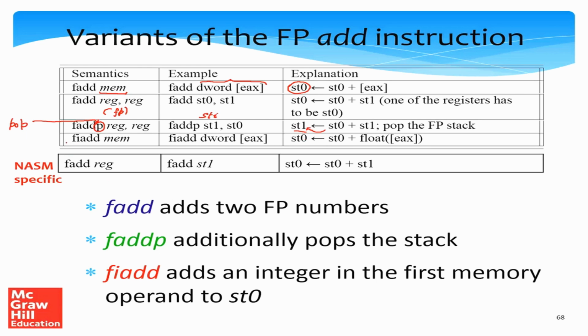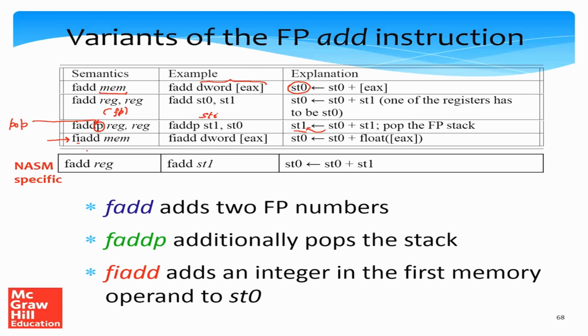This instruction also has a mode where we can read in an integer from memory, convert it to floating point, and do an addition. For example, if I have this I, the character I after F, the instruction will become FIADD.